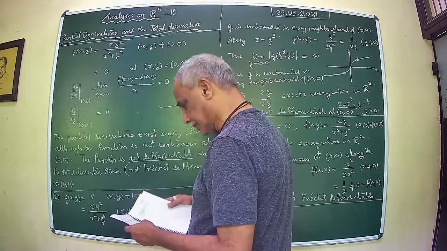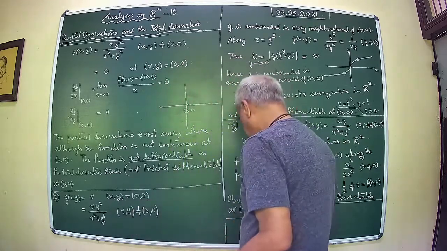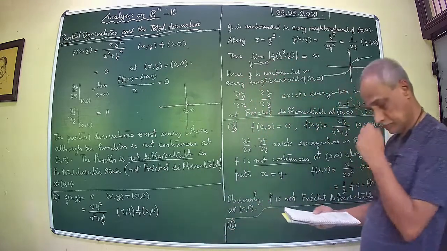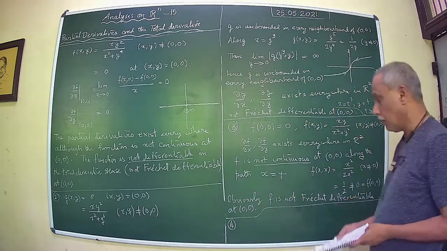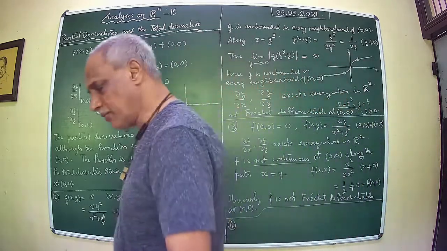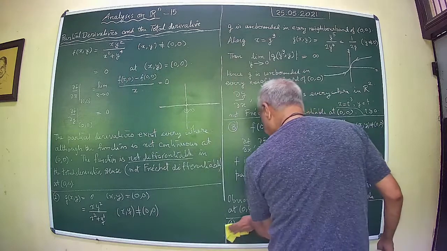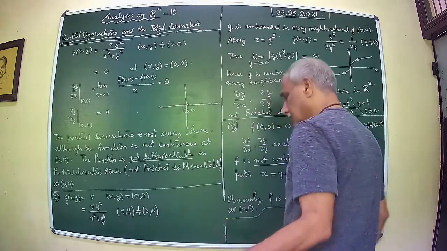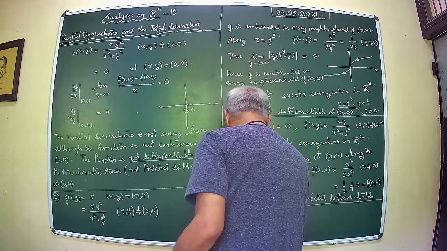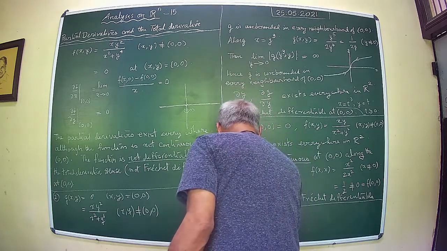Now the fourth example. Okay, we will take up this fourth example later. Now we just make a remark at this stage. This is the important remark.